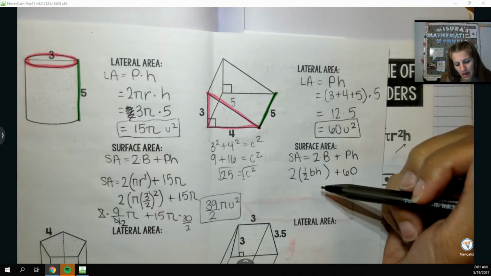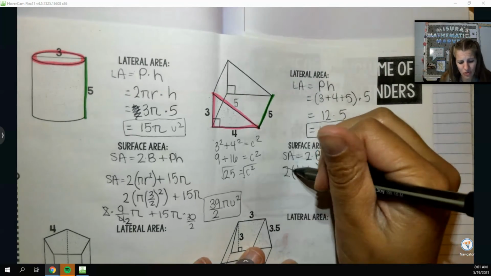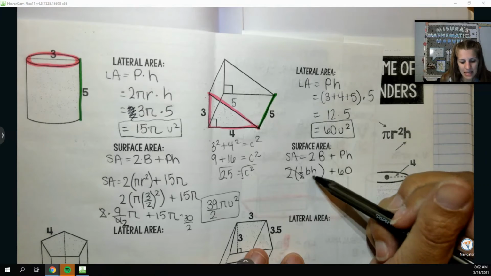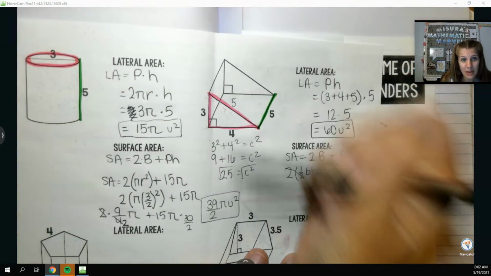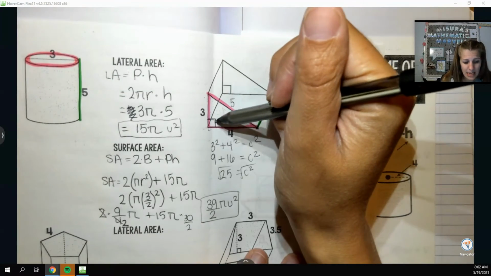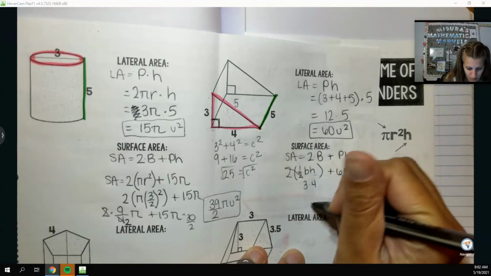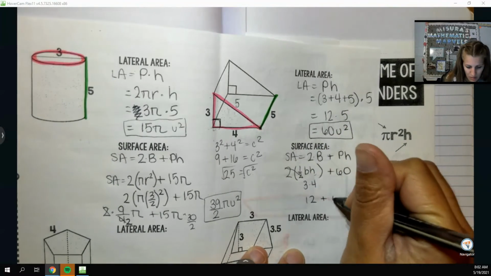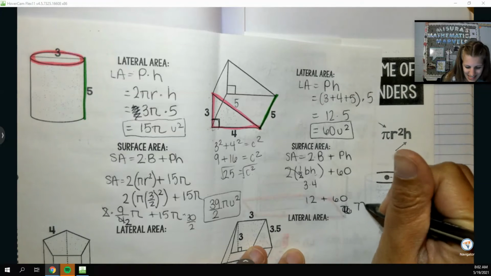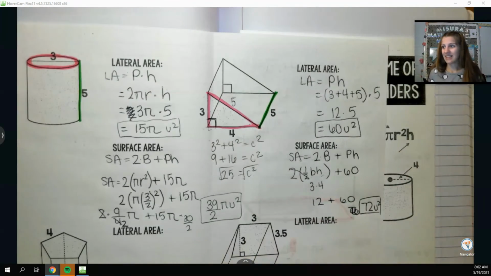And so right now I can already simplify a little bit because 2 times half will just go away, because that's 1. And then base and height of the base shape of the triangle has to be the base and height between a 90, so the 3 and the 4, for 12 plus 60 is a surface area of 72 units squared. There you go.